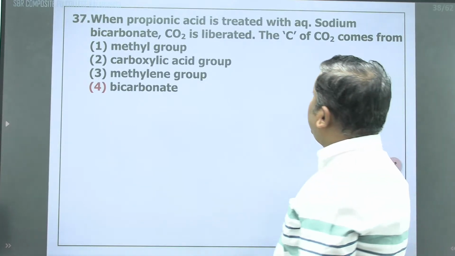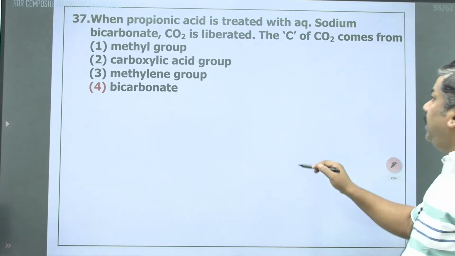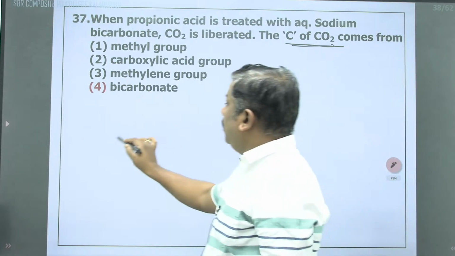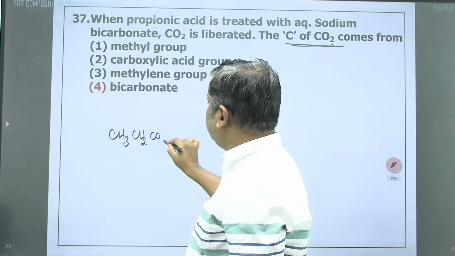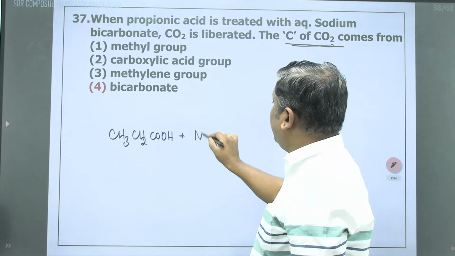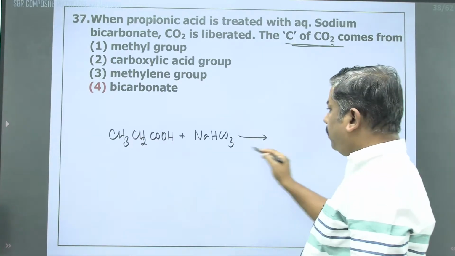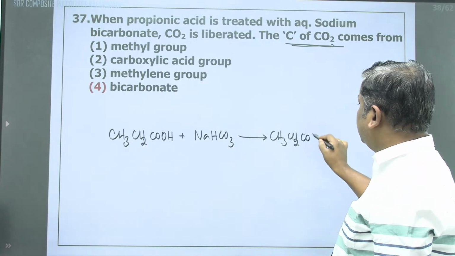37. When propanoic acid is treated with aqueous sodium bicarbonate, carbon dioxide is liberated. The carbon of carbon dioxide comes from, okay, propanoic acid is there, CH3, next one CH2, after that COOH. When this is treated with sodium bicarbonate, that is NaHCO3, the formation of the respective sodium salt takes place.